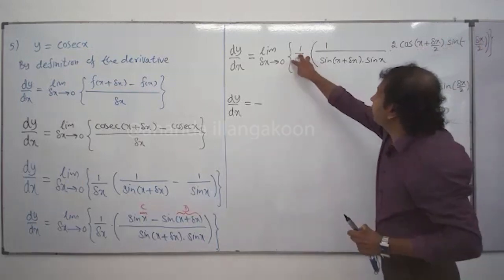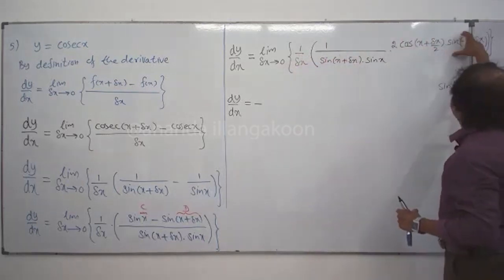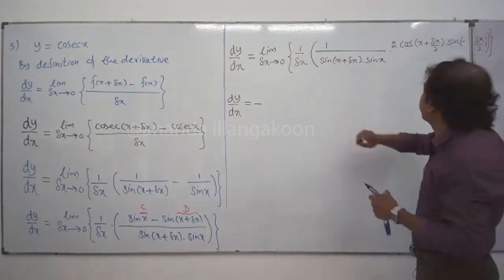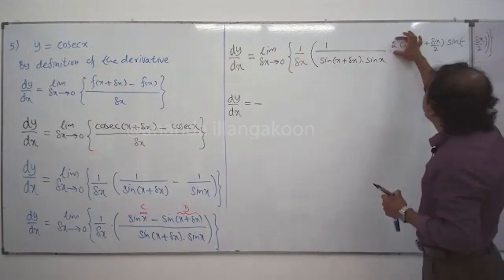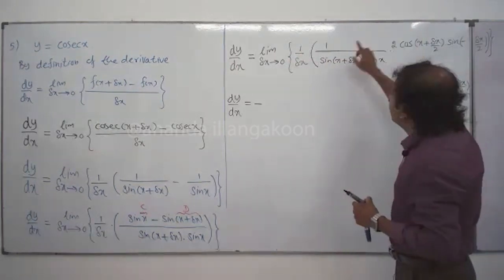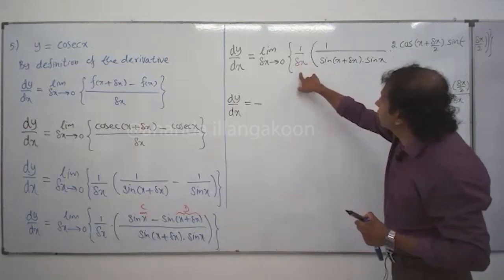This minus sign we have taken out. By this delta x, we must divide this. Now I am going to divide this by this delta x. Then I write delta x below this. And this 2, I can bring below this delta x.